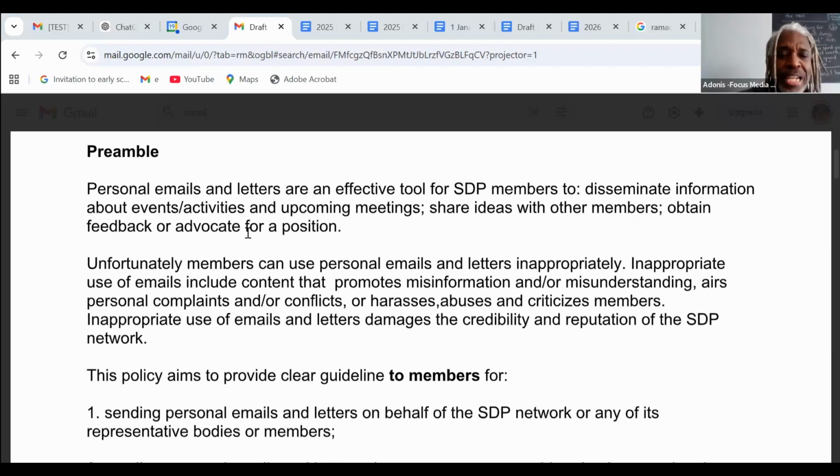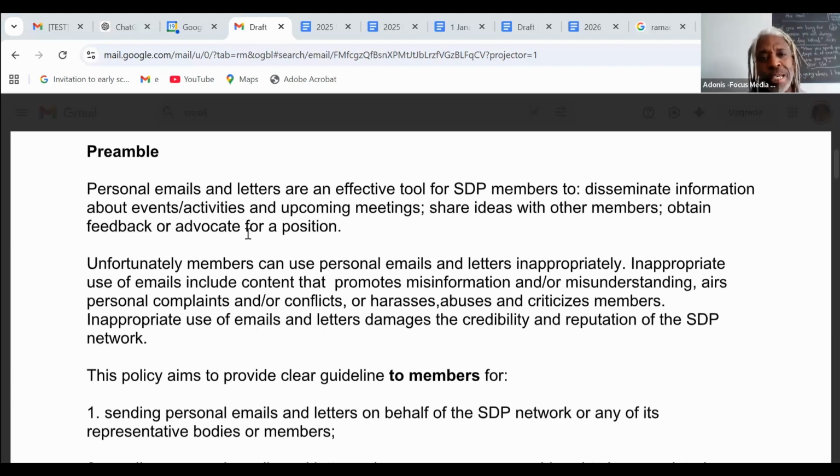If someone is appointed to send a letter on behalf of the SDP and they use unprofessional language, then they could be confronted with that through this policy, whether they use their personal email or not. So that's one issue: when you're sending it on behalf of the SDP or its parties.